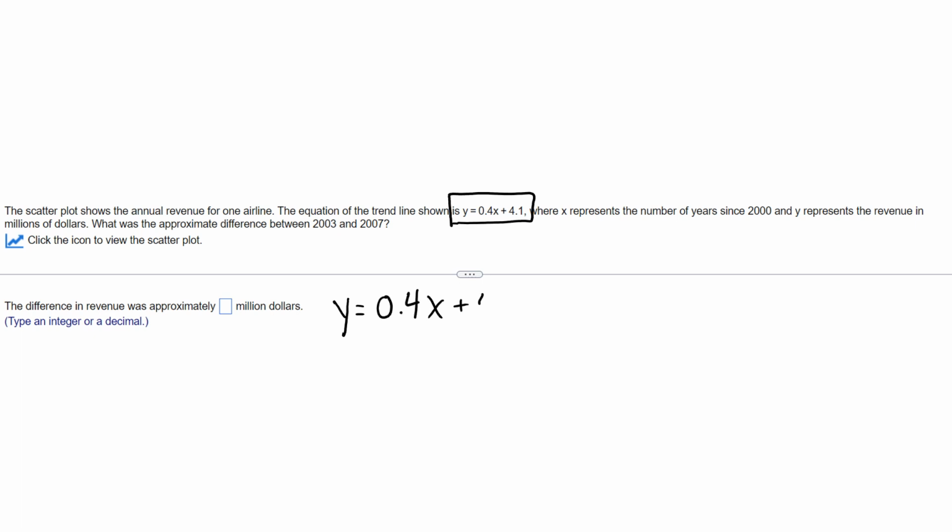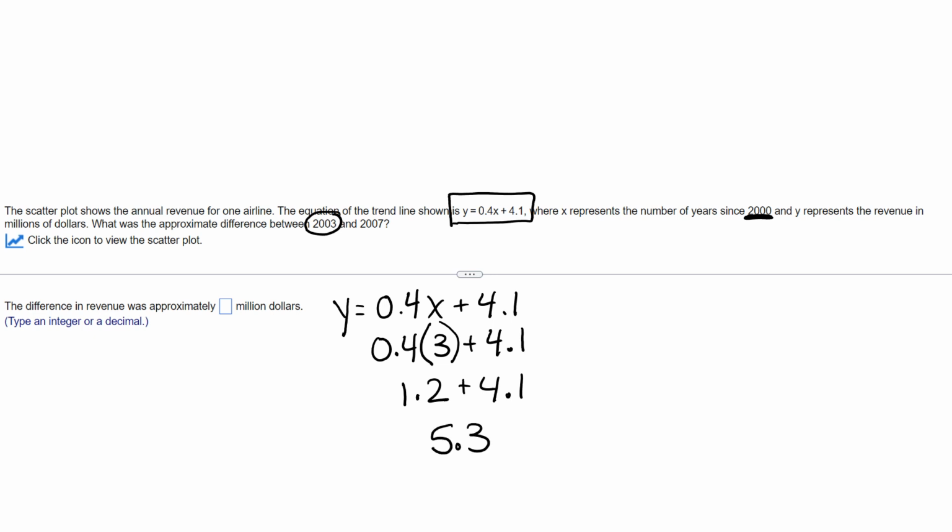Because the equation is given to us in the word problem, we can solve the equation without looking at the graph. So for 2003, because again, it's years from 2000, we would multiply the 0.4 times 3, because it's 2003. 0.4 times 3 is 1.2. We add that to the 4.1 to get an answer of 5.3.